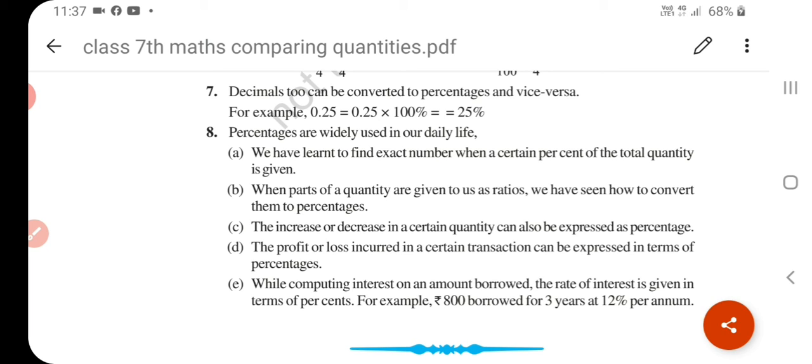The increase or decrease in a certain quantity can also be expressed as percentage. Okay, the profit or loss incurred in a certain transaction can be expressed in terms of percentage. While computing interest of an amount borrowed, the rate of interest is given in terms of percent.